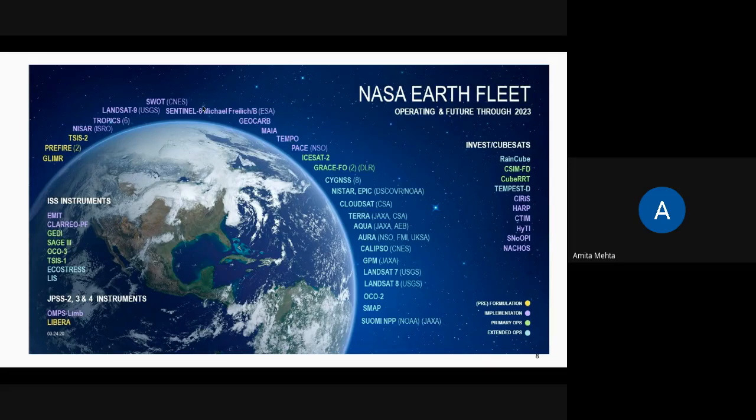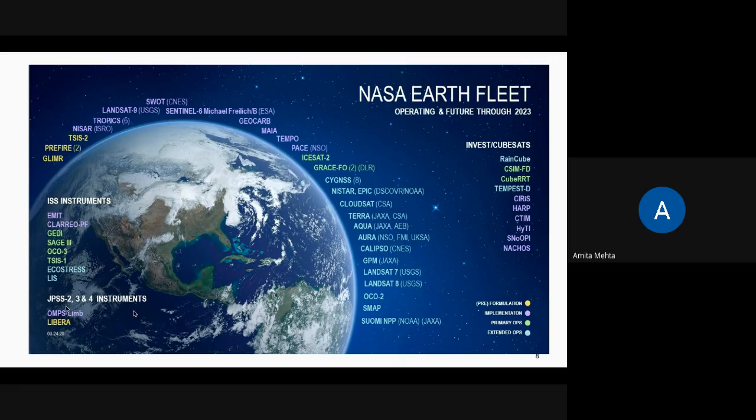There is air quality monitoring, also solar irradiance monitoring, and this is NISAR, which is upcoming in 2023, I believe. That's a NASA-ISRO joint synthetic aperture radar satellite that will be launched in a couple of years, and a lot of research is already going on in that area.